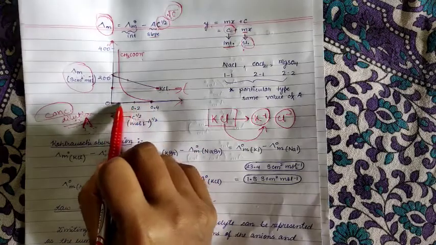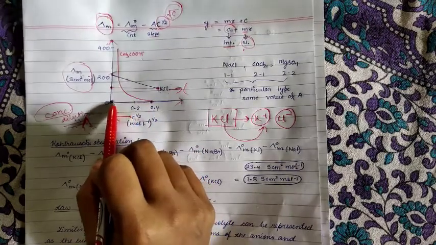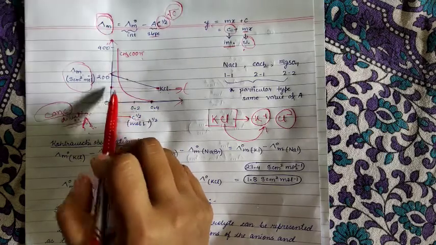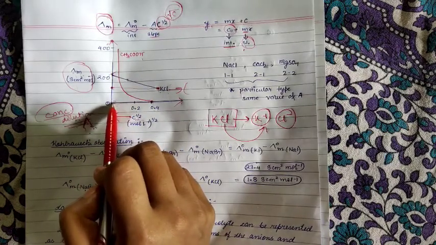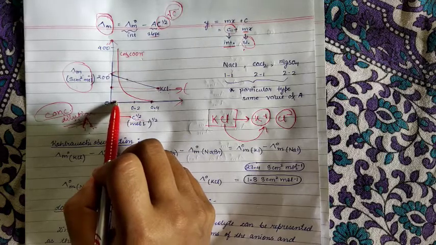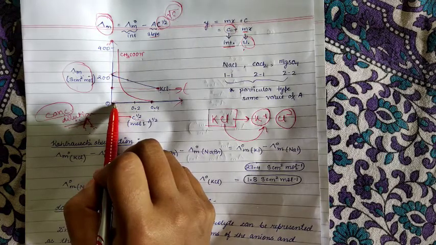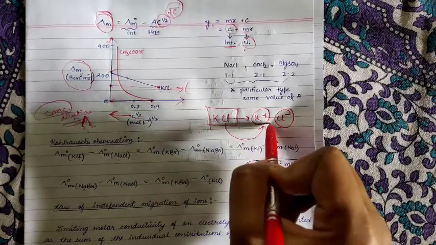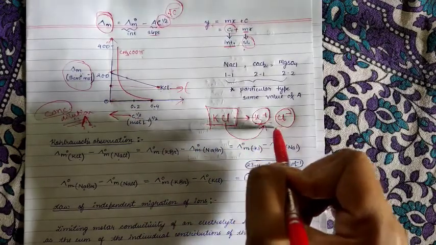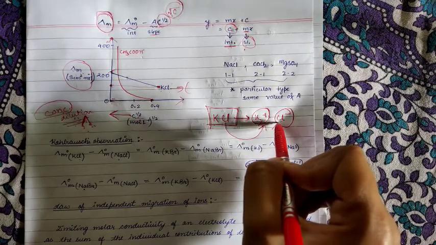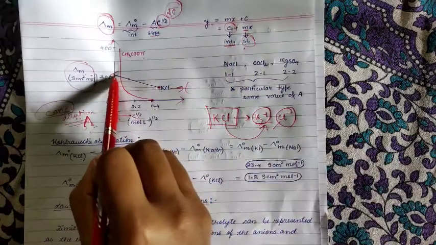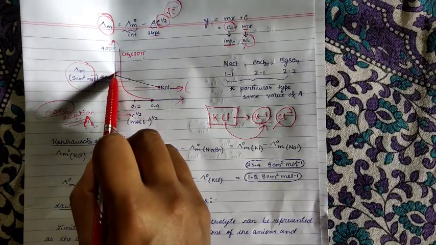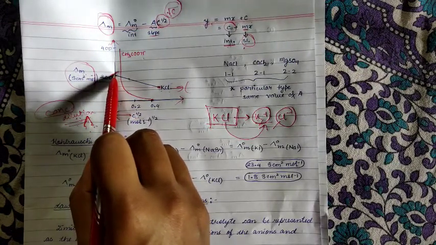So the more water you add, the more dilute it will become, the less concentrated it will be, and the ions will be more at this point because you have diluted it to the maximum extent. Now if you are taking 1 mole of KCl, then you will get 1 mole of potassium ion and 1 mole of Cl negative ion. So at this point the capacity will be highest, okay, the capacity to conduct electricity, that is your conductance.